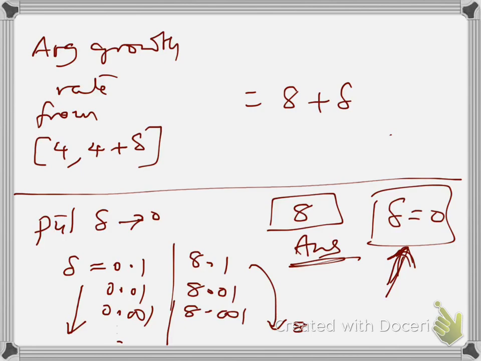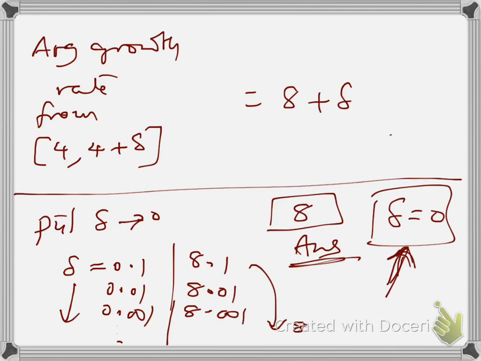So you are only checking where the value is going when delta goes to 0. Delta exactly 0, I don't care. I am not even concerned with that. You cannot put delta 0 because you cancelled it in the first place. But you can put delta 0.1, 0.01, 0.001.